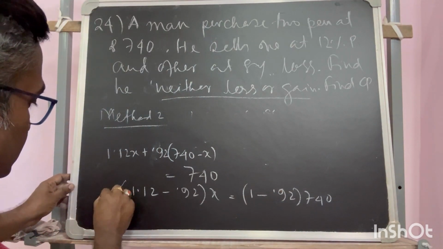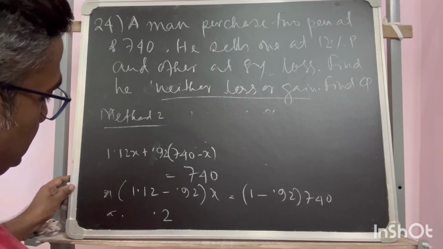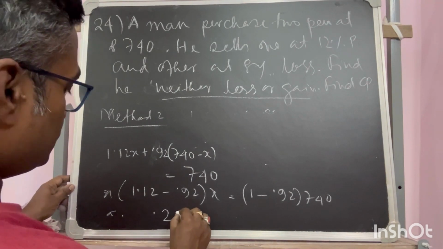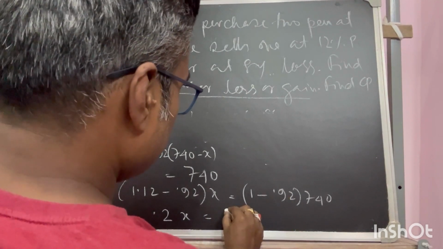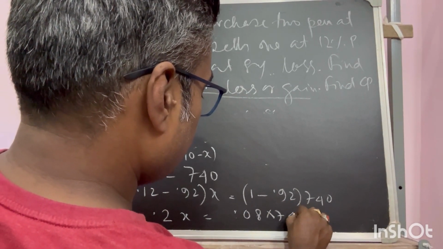So this is equal to 0.2 times x, because 1.12 minus 0.92 is 0.2. And x is equal to 0.08 into 740.